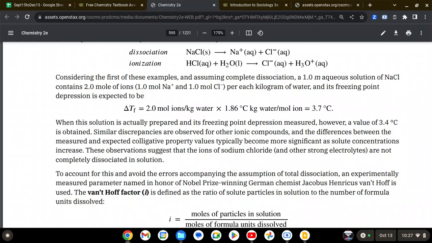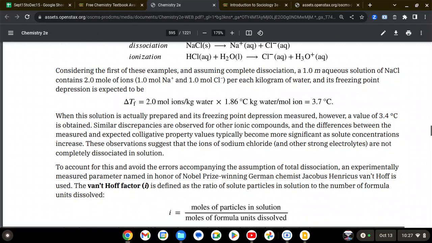Similar discrepancies are observed for other ionic compounds, and the differences between the measured and expected colligative property values typically become more significant as solute concentrations increase. These observations suggest that the ions of sodium chloride are not completely dissociated in solution.